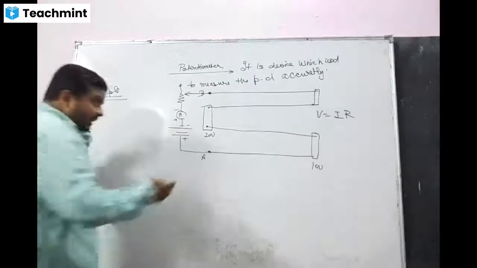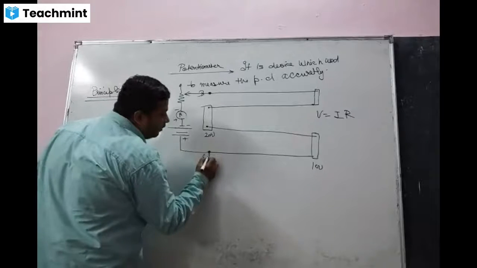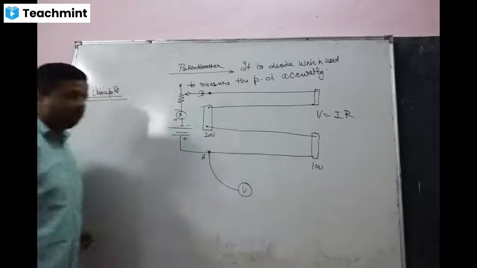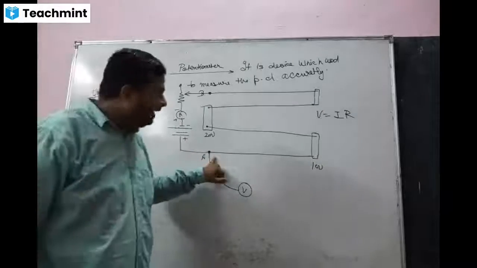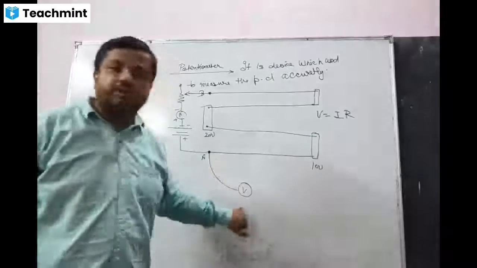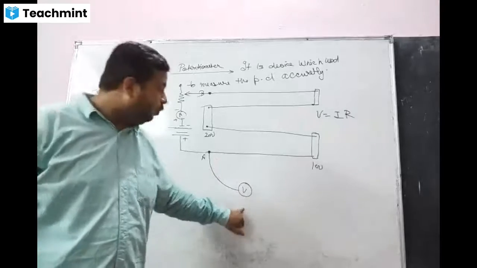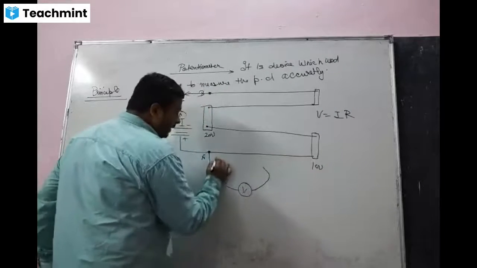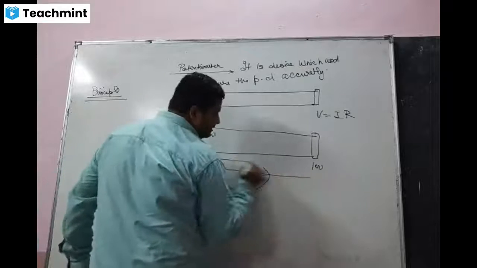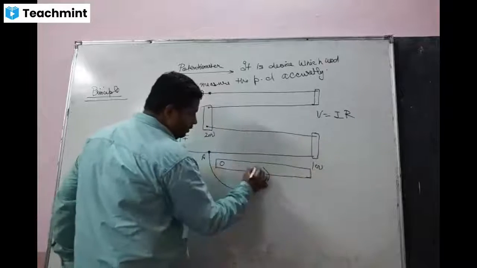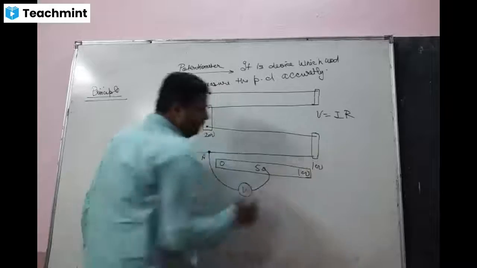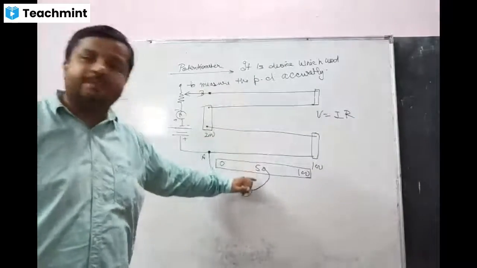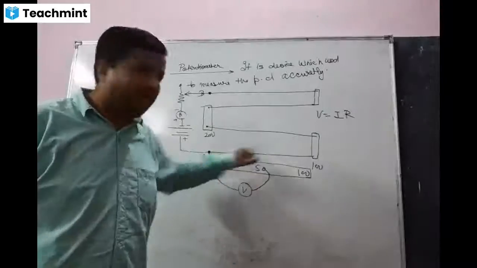Now we put one voltmeter. At point A, we connect a voltmeter, which is connected with a jockey. Here is a meter scale, 0, 50, 100. The meter scale is placed parallel to the wire.